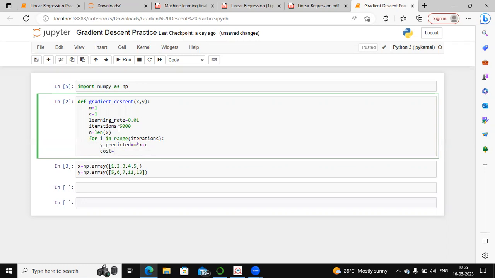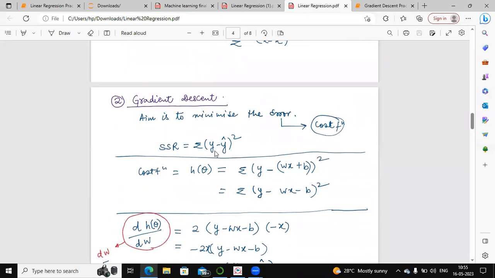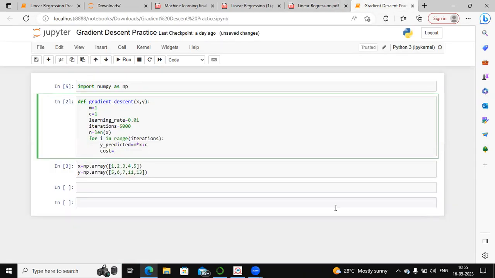First we have to take the sum of squares, right? It is y minus y predicted, whole square. So we will take it like, for val in y minus y predicted.